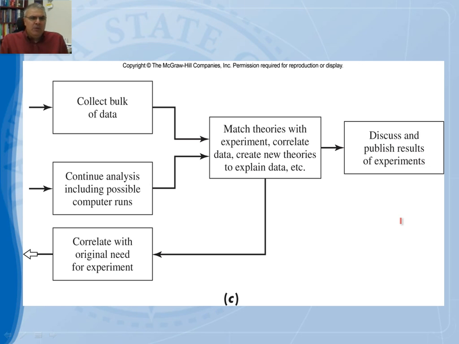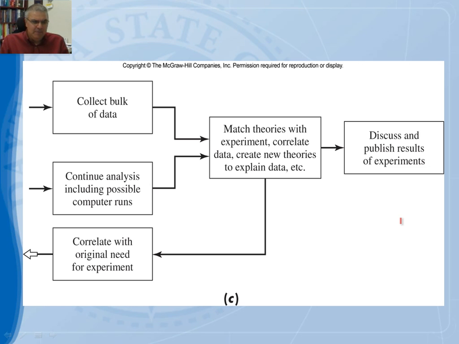So we collect, running the experiment with the available instruments that we already planned for, and we collect the bulk of data. Again, we continuously perform the analysis in parallel, and we go back and modify it if necessary.